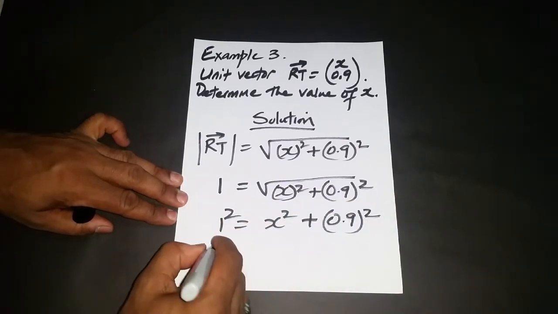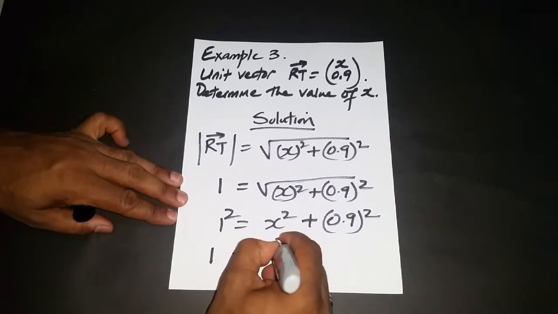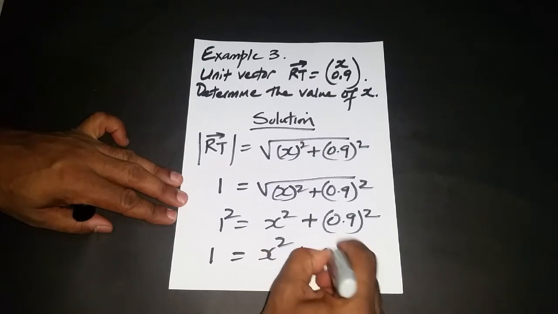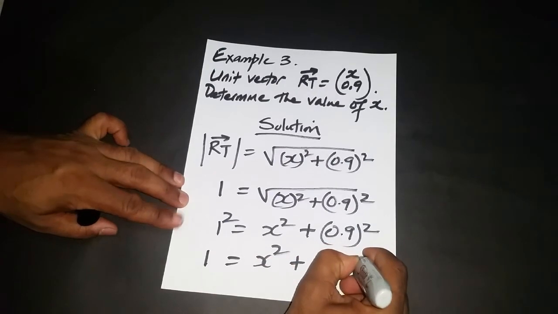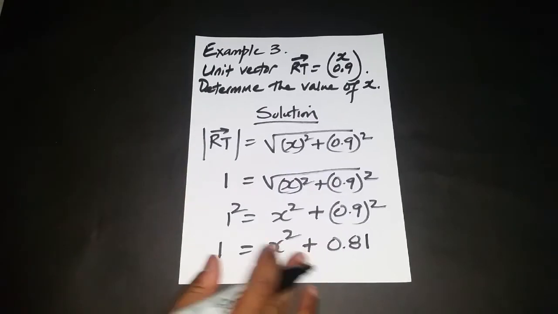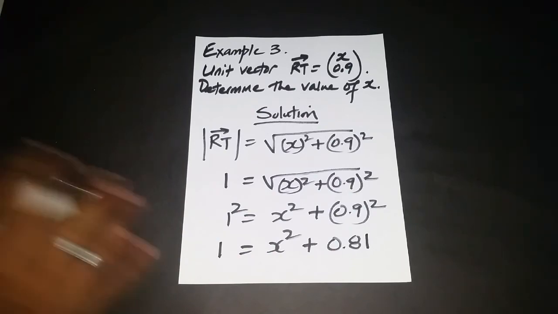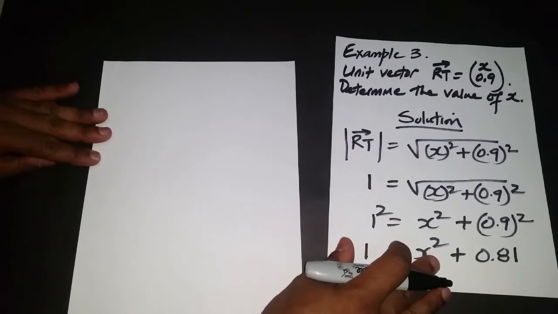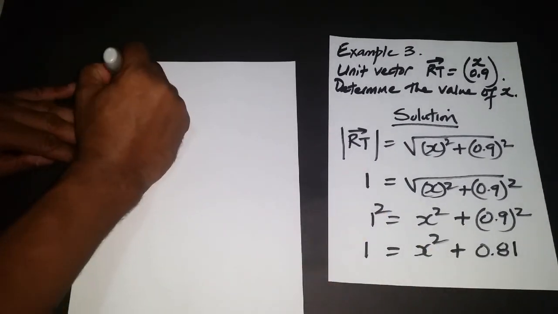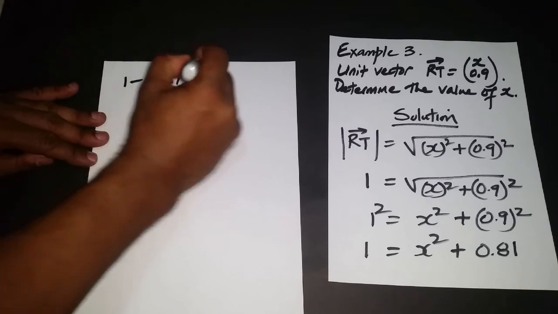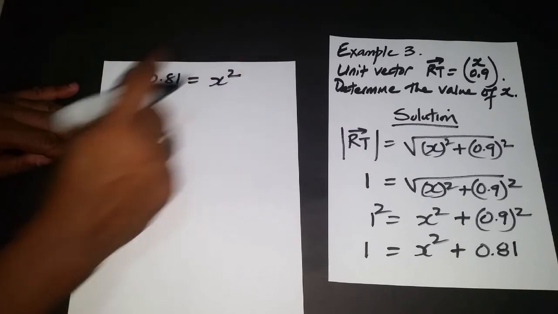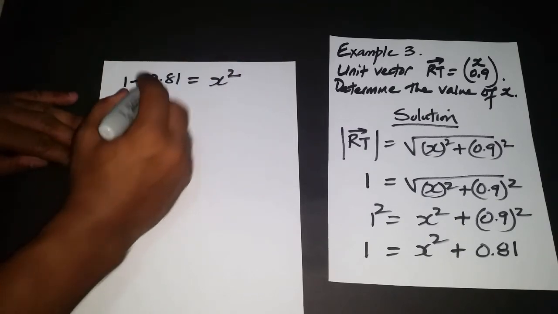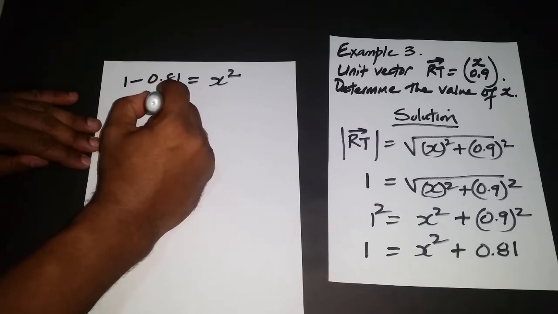And of course, 1 squared is just 1. 0.9 squared is 0.81. Then what we need to do now is solve for x. We're going to move the 0.81 over, so that's going to be 1 minus 0.81 is equal to x squared, and 1 minus 0.81 is 0.19.